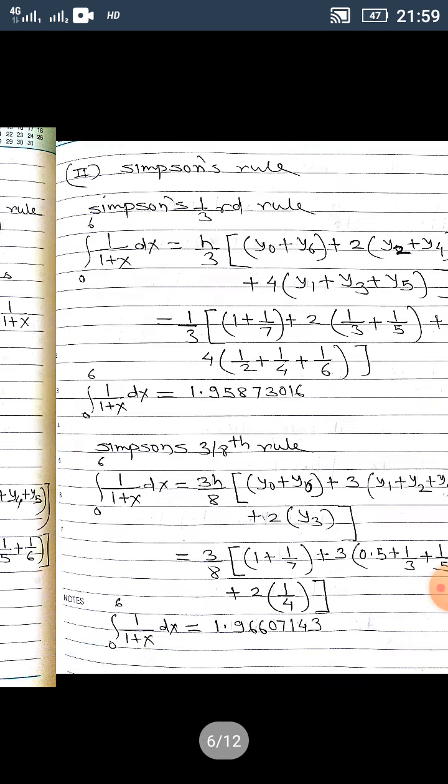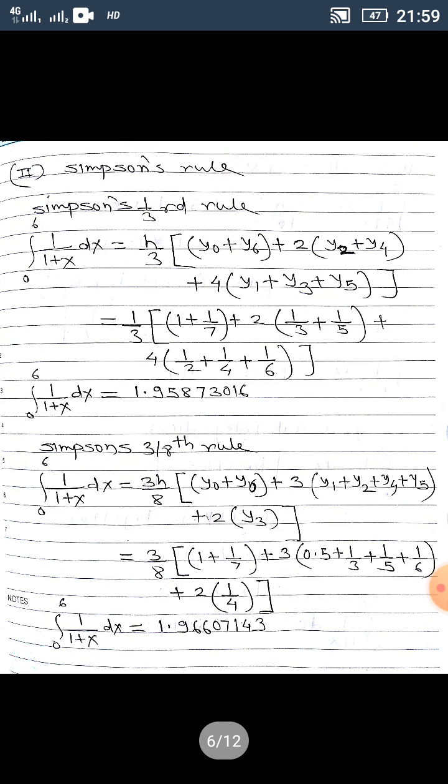Next, Simpson's rule. Simpson's rule means Simpson's 1/3 rule as well as Simpson's 3/8 rule. Simpson's 1/3 rule: integration 0 to 6, 1 upon 1 plus x dx is equal to h by 3, first and last, that is y0 plus y6, plus 2 times even terms, that is y2, y4, plus 4 times odd terms, y1, y3, y5.